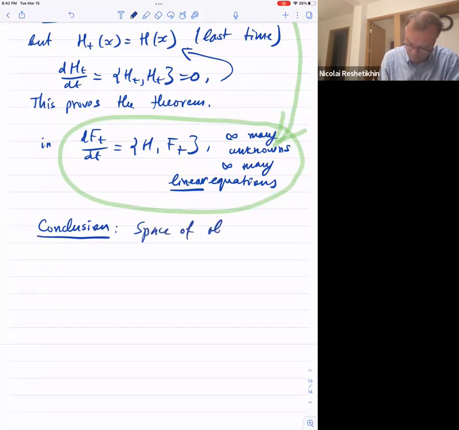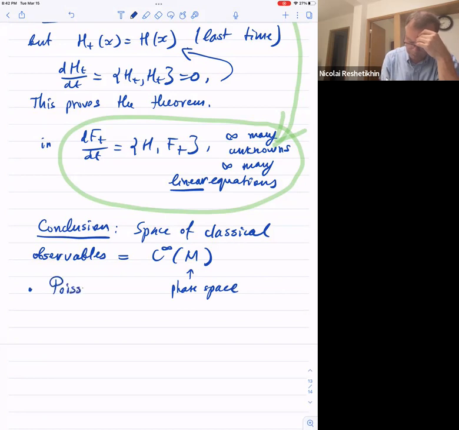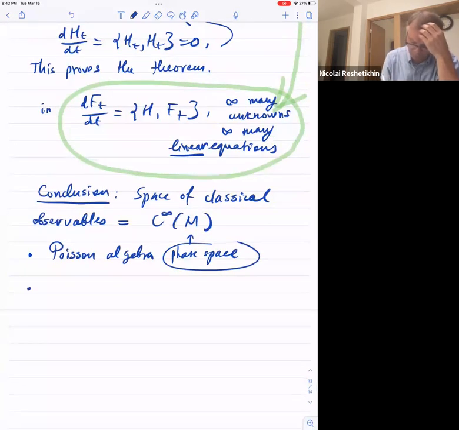The space of classical observables, we'll pass to the quantum observables soon, is the space of smooth functions on the phase space. It's a Poisson algebra. The natural mathematical structure on it is a Poisson algebra.